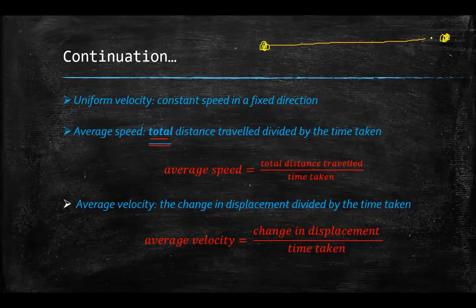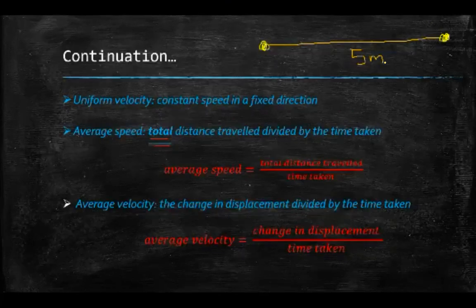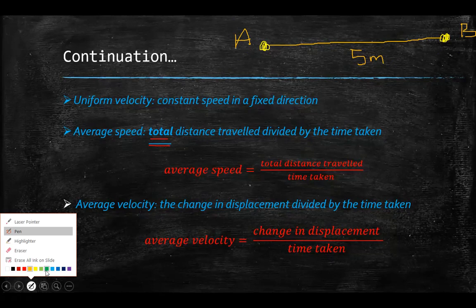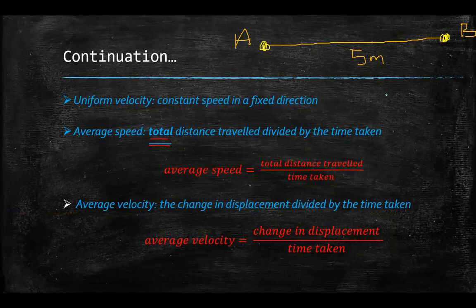Going from here to here, let's say the total distance is 5 meters, and it took me 10 seconds to move from point A to point B. So the distance between point A and point B is 5 meters, and it took me 10 seconds to get there.